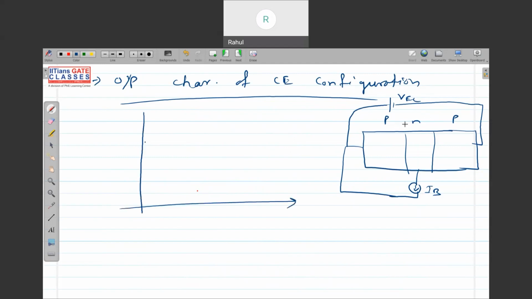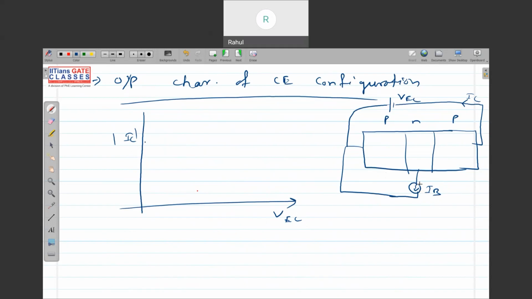If I want to plot the magnitude of the collector current IC versus VEC, by maintaining my input current IB constant.